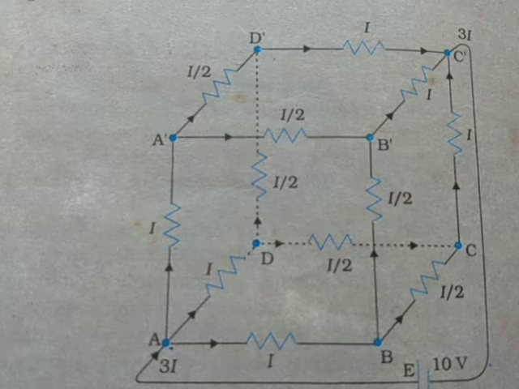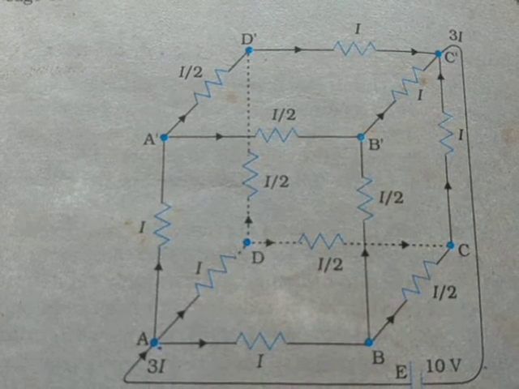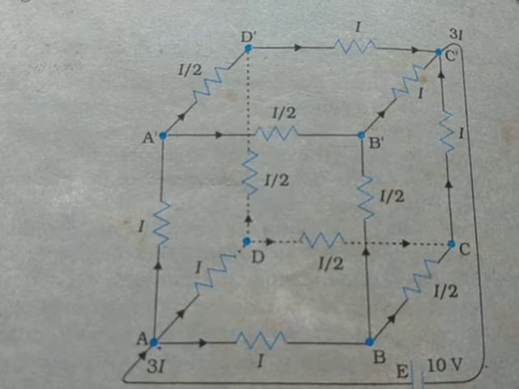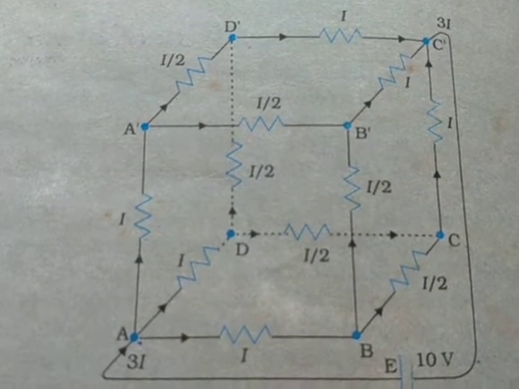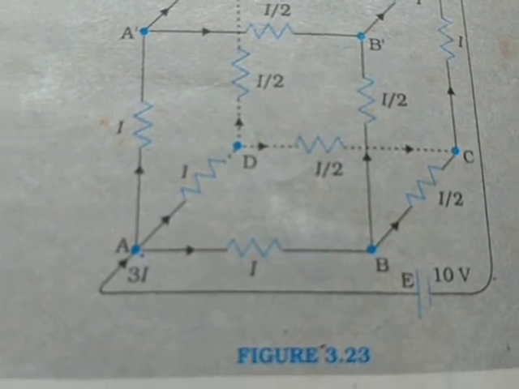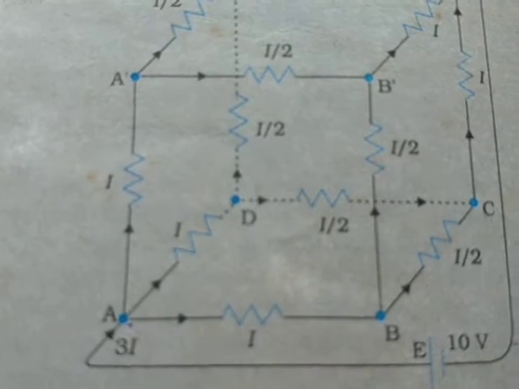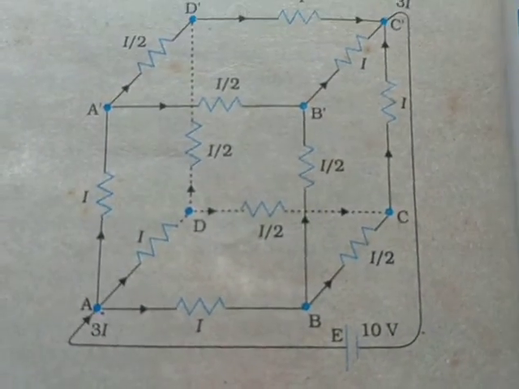With a symmetrical load, we can very well assume that the current in all three arms has the same value. Therefore the total current drawn from the battery will be 3I, because all these three currents, I each, will be drawn from the cell.